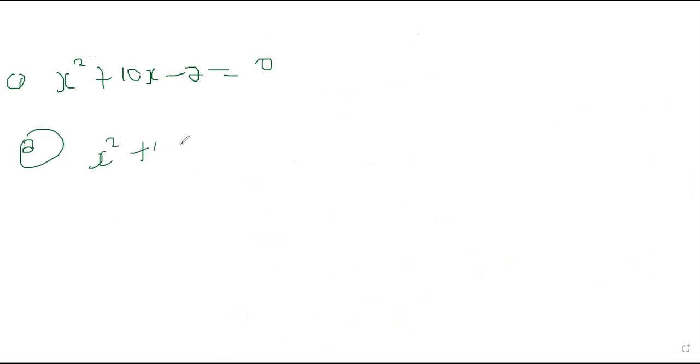So the first one that I want you to do for me is this one. X squared, you solve by completing square, yeah? 10x minus 2 is equal to 0. That's the first one I want you to do for me. The second one, it's x squared plus 4x plus 3 is equal to 0.